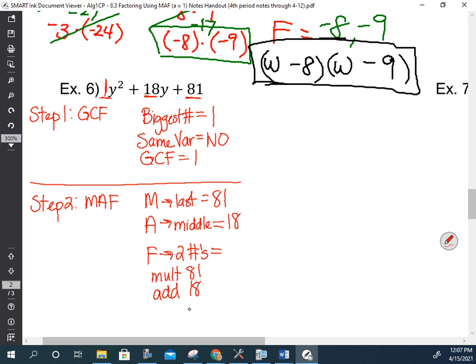You need 18. There's only 3 ways that you can multiply to get 81: 1 times 81, 3 times 27, 9 times 9. 1 plus 81 is 82, that's not going to work. 3 plus 27 is 30, that's not going to work. 9 plus 9 is 18. So there's your numbers.